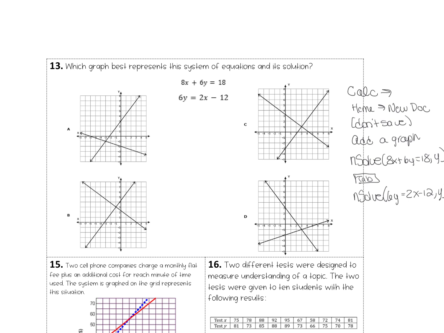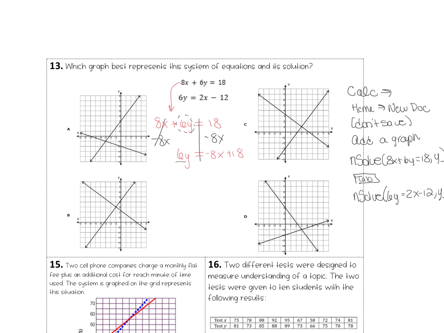If you're going to do it in Desmos, we're going to grab this first equation, 8x plus 6y equals 18. We got to solve for y. So minus the 8x, minus 8x. 6y equals negative 8x plus 18.